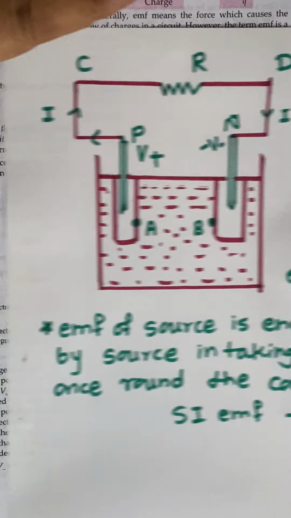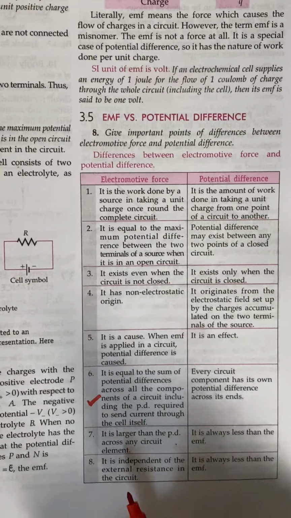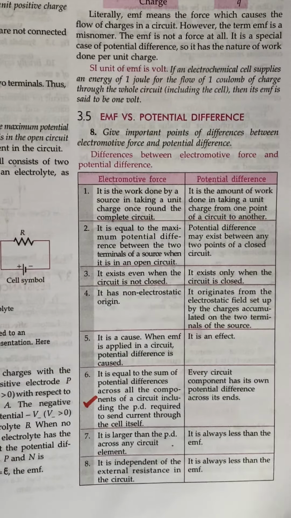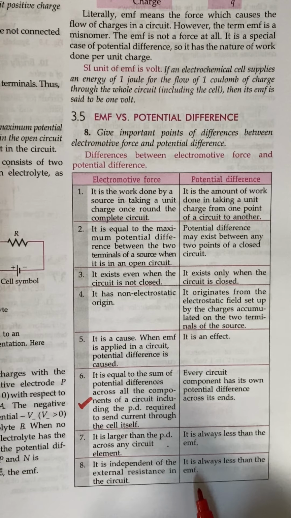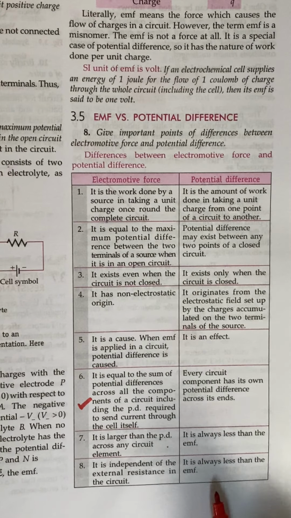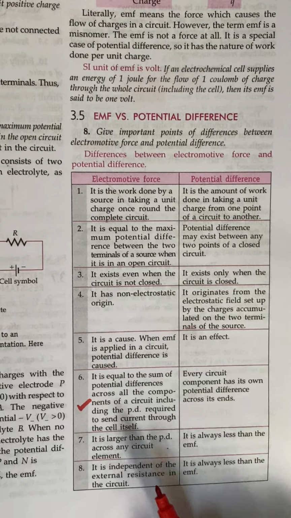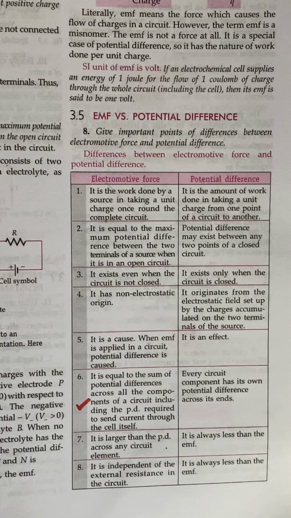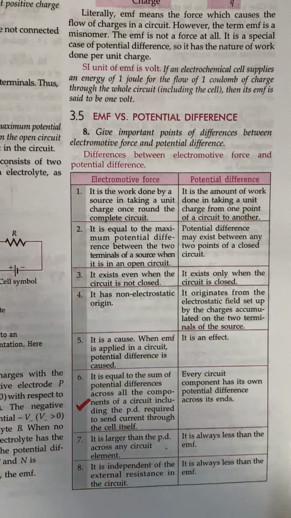So this EMF exists although the external resistance is not there in the circuit, and potential difference is always less than the EMF. This is another point where we are explaining the difference between the EMF as well as the potential difference.